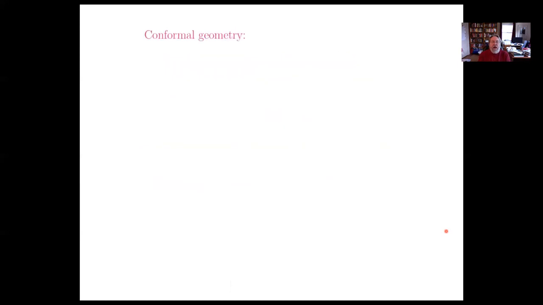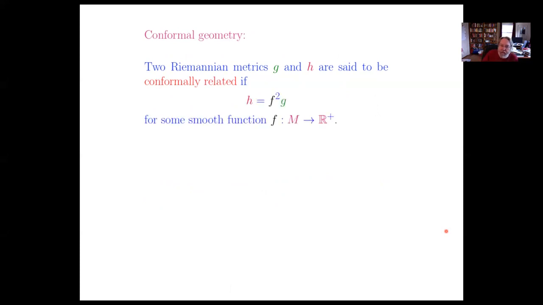Conformal geometry, remember, has to do with taking a metric and multiplying it by a function. Once you're in complex dimension 2, that steps immediately out of the Kähler realm. So if you multiply a Kähler metric g by a function f squared, it's just conventional, it's useful to write it as f squared rather than f, you get another metric which would be said to be conformally Kähler.